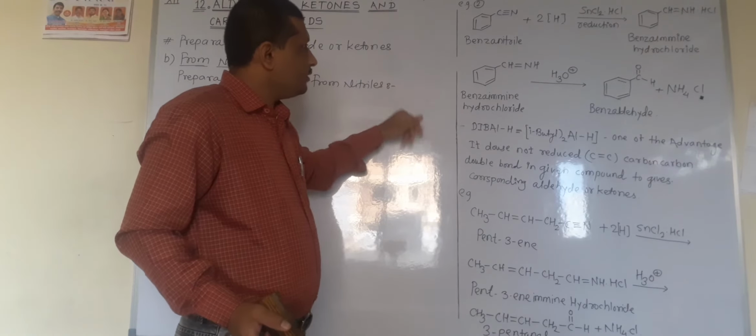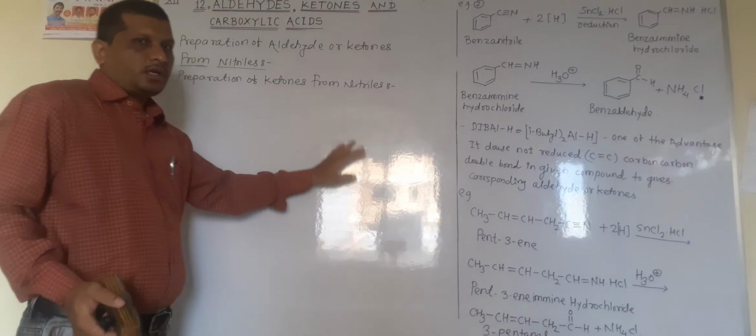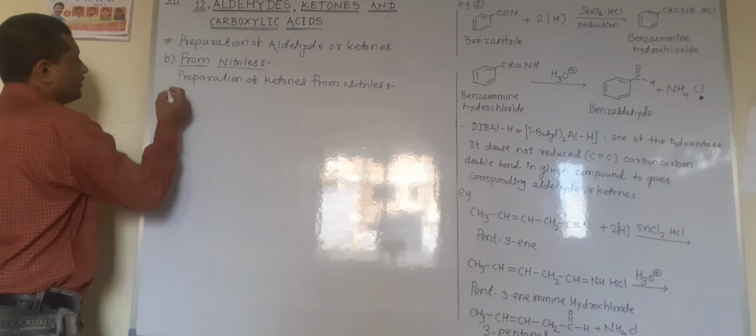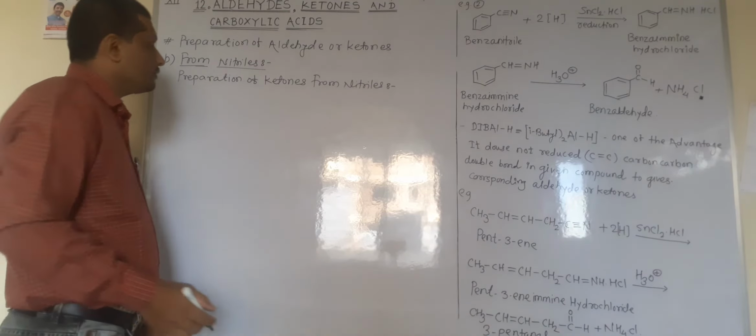Generally we obtain the corresponding ketones, because here we directly write the preparation of ketones from nitriles. We can use the example of ethane nitrile, but first we see the general reaction.